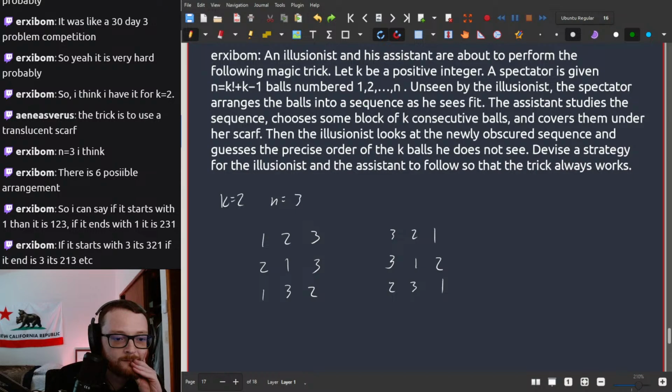Hmm. I don't know. My brain's going in so many different directions. I'm thinking about modulus, or doing modulo arithmetic, or even and odd shenanigans.